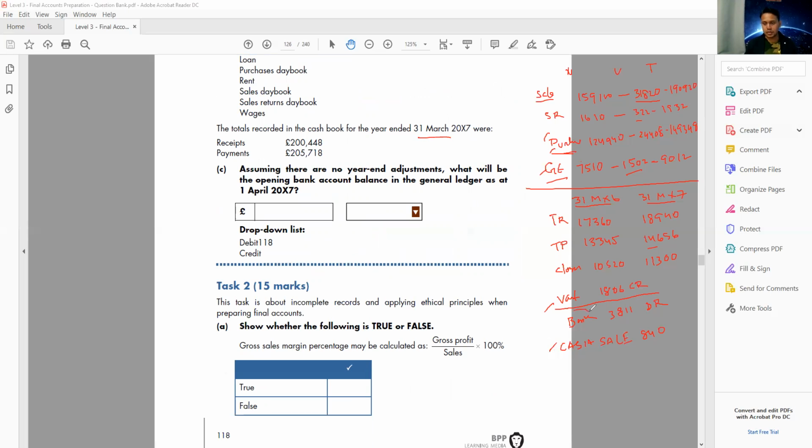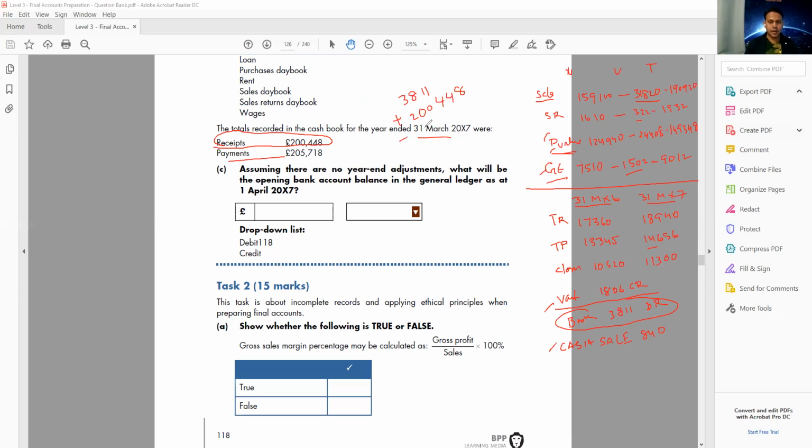So on the bank, we can see at the beginning, we had 3811. This is the money we had on the bank. And we have received this money. So plus 200,448. Then there's a payment. This one we paid.